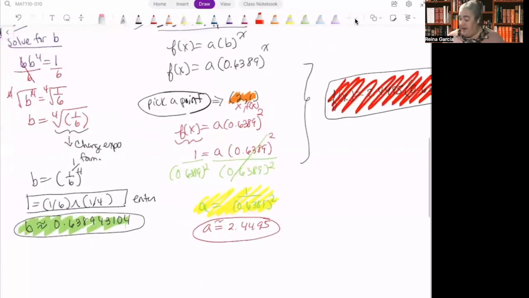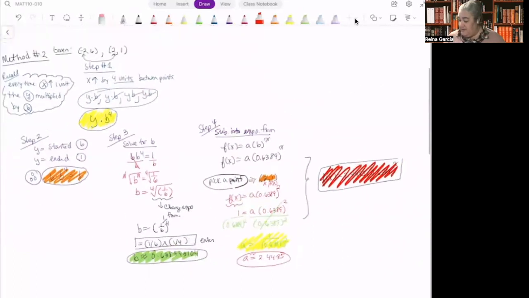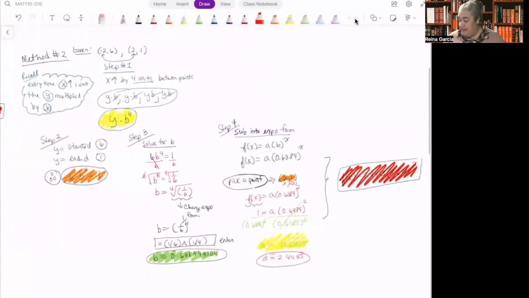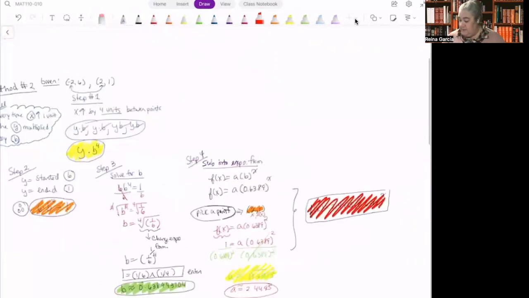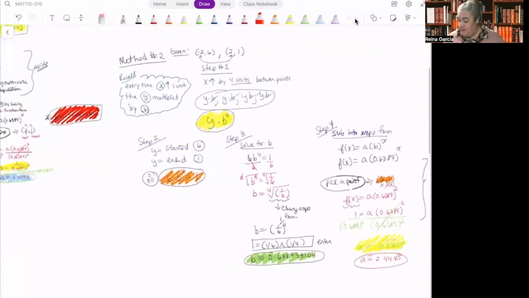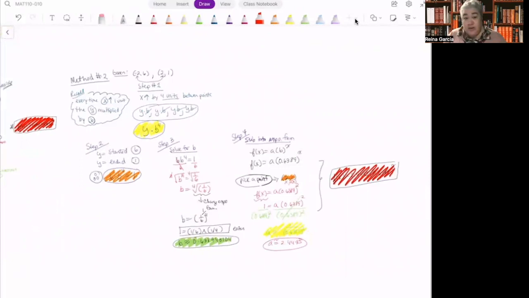And let's see if that is the same as our previous equation. Sure enough, if we go back, where is our previous equation? There it is, right there.